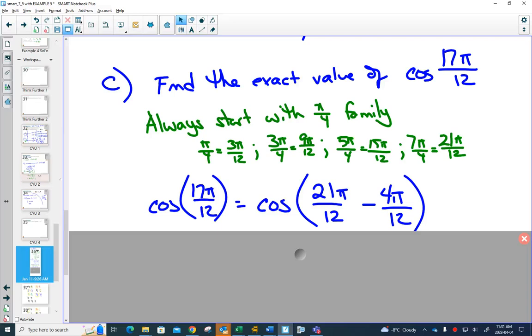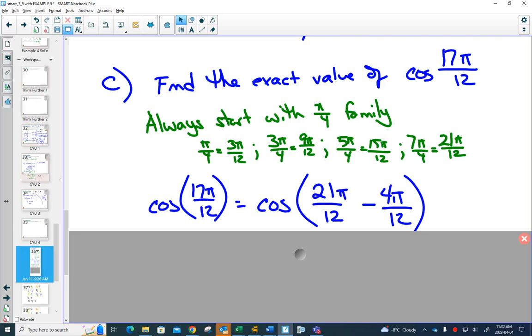And that's what makes these questions extremely easy if you know that step, because the hardest thing is finding the two things that work.